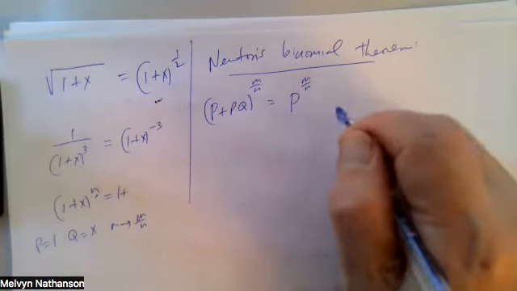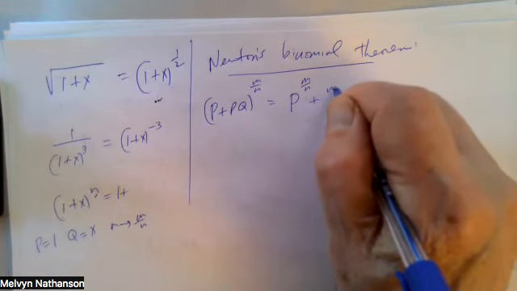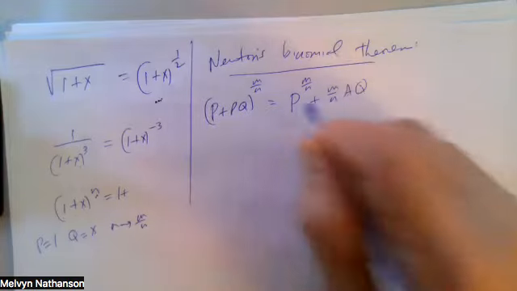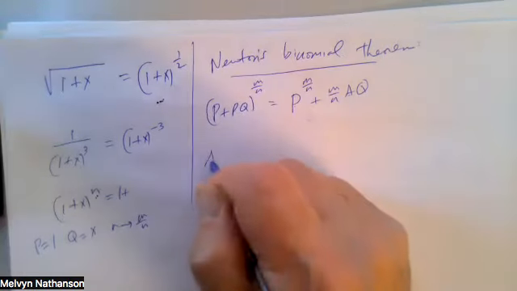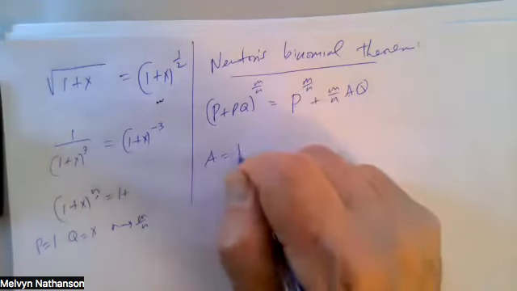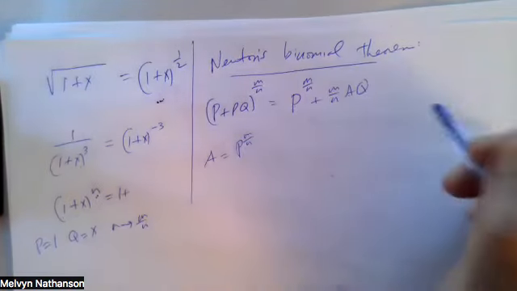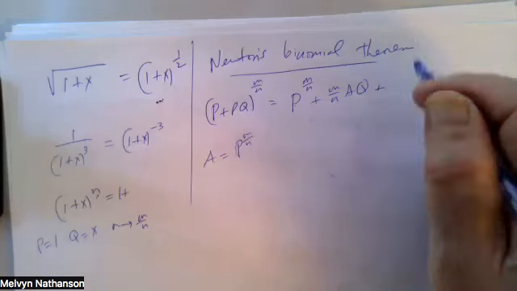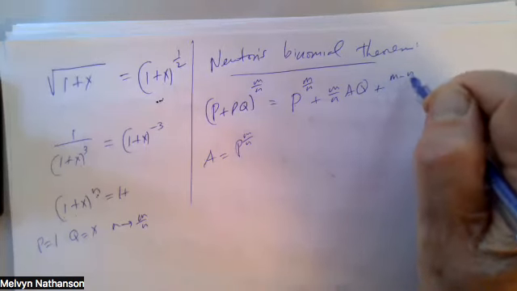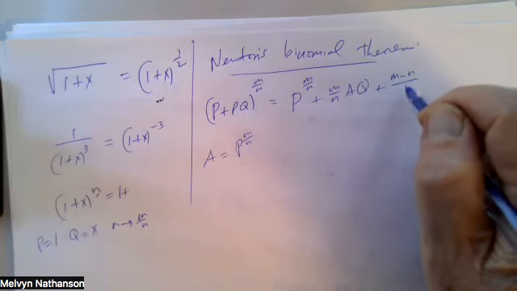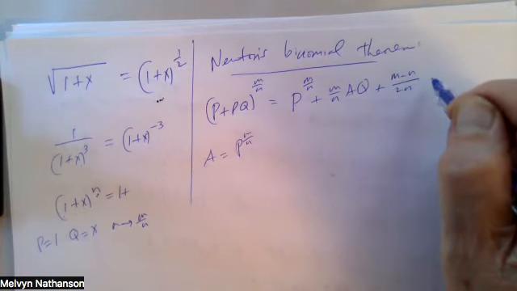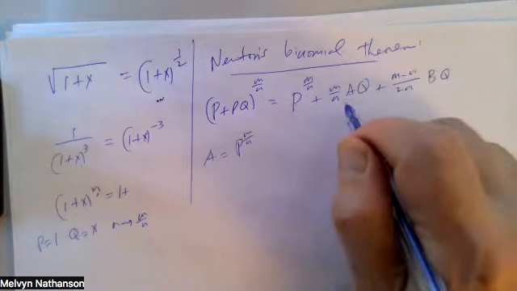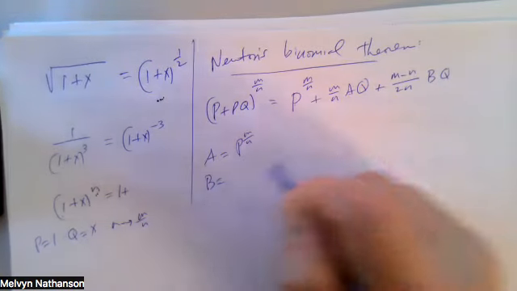The next term is m over n, the exponent, times aq, and a is the previous term, P to the m over n. The next term is m minus n over 2n times bq, where b is the previous term.